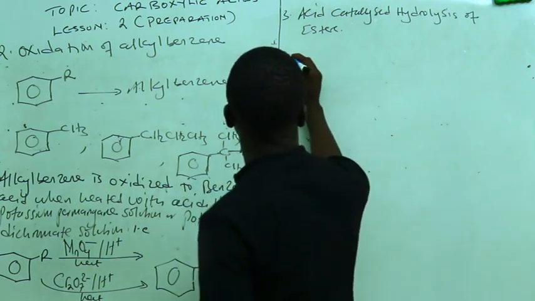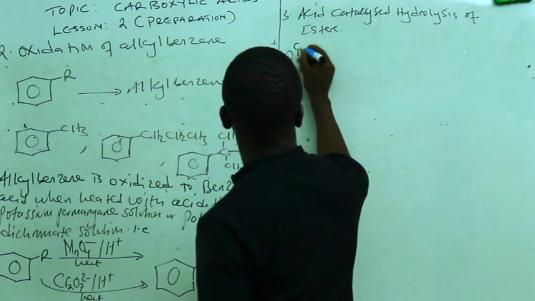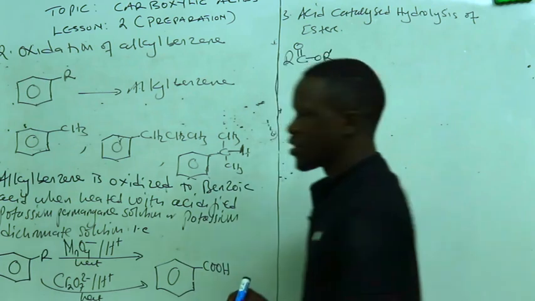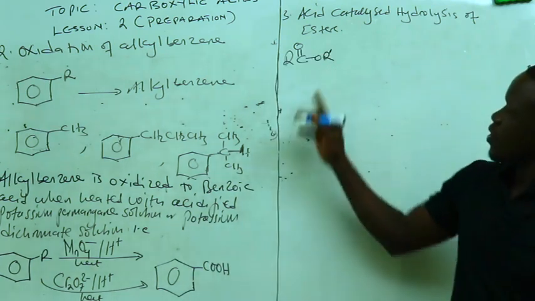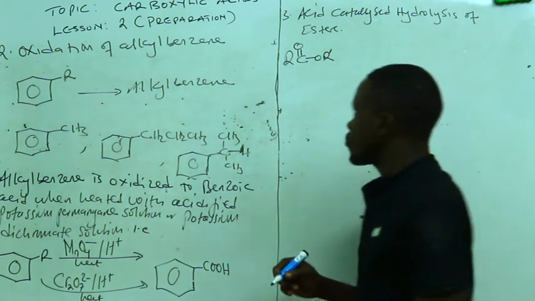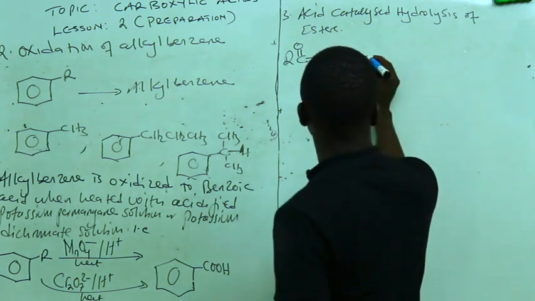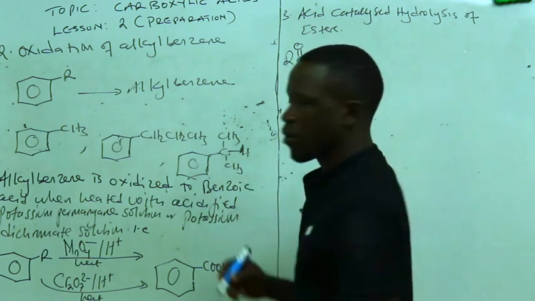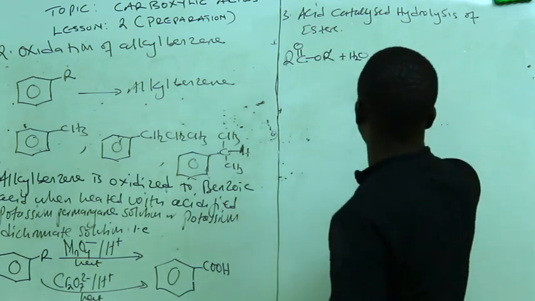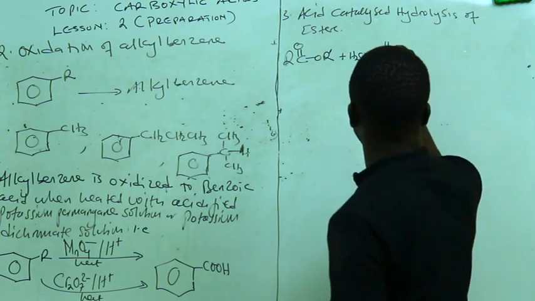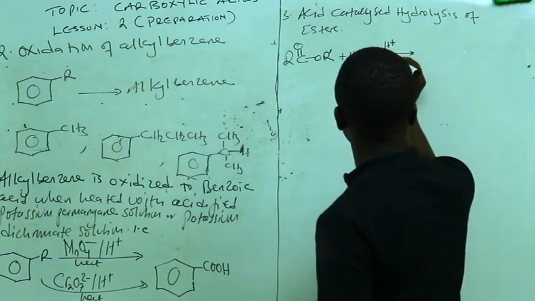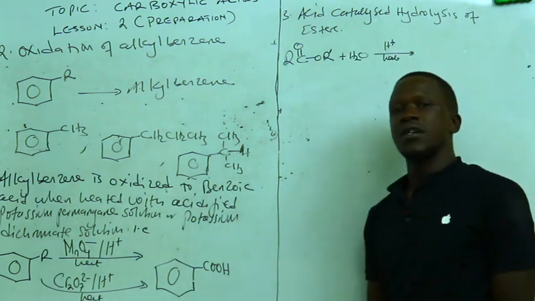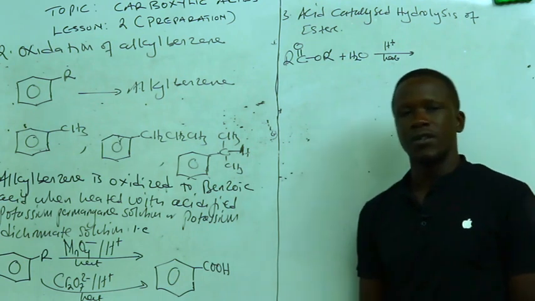If we had an ester, this is the general structure of an ester. I'm distinguishing these 2 R groups by putting a prime here. And this is reacted with water, a reaction called hydrolysis, but in presence of an acid catalyst, and this is heated. The acid catalyst, in most cases, concentrated sulfuric acid is used here.